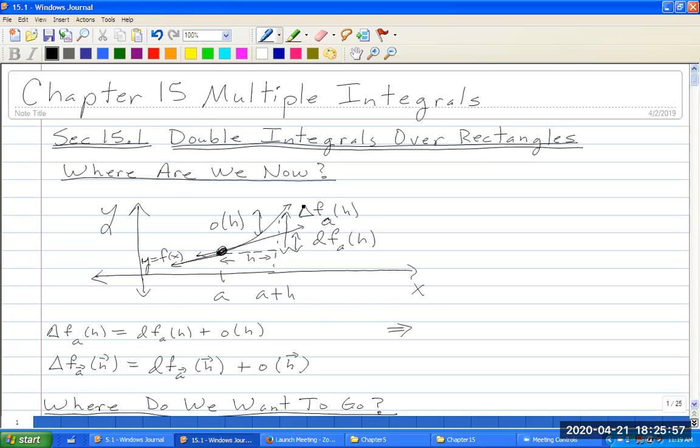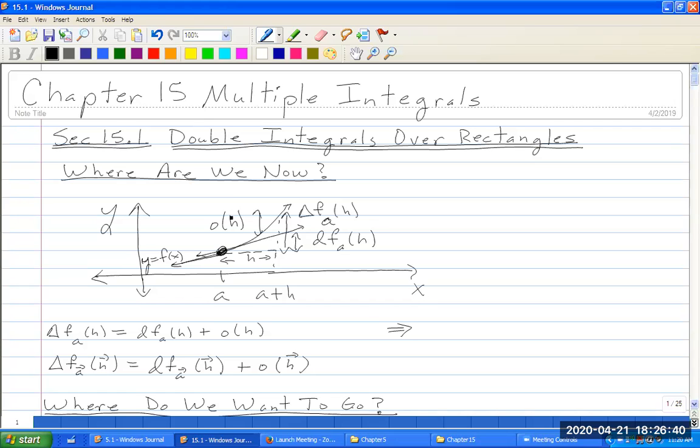For a function of one variable, if we are at some point A, then at some distance h from A, the change in f as a function of how far you are away from A can be approximated by the differential of f at A at a distance of h from A, and the error in the approximation we want to be small, little o of h.